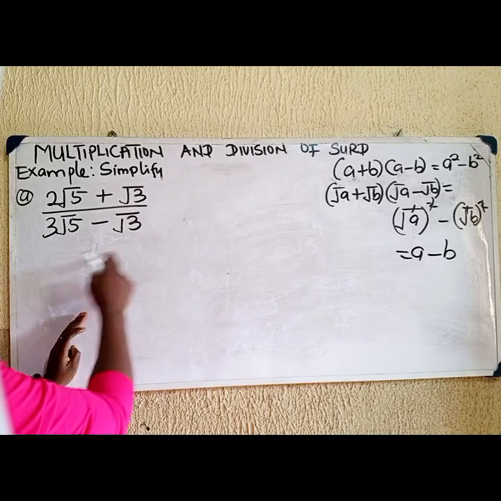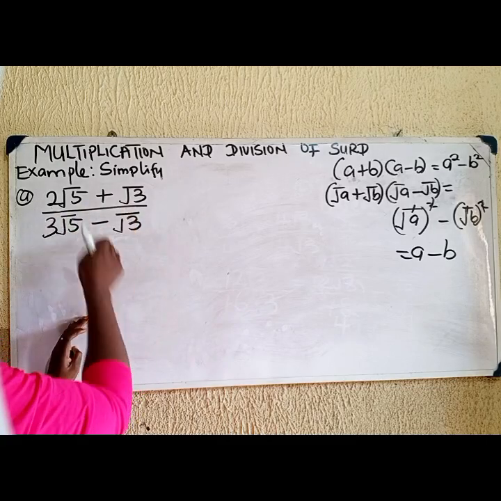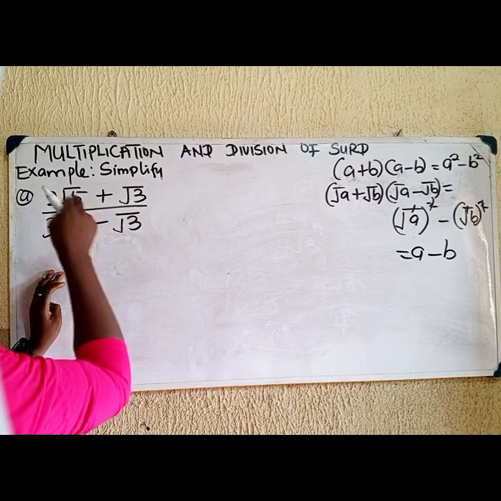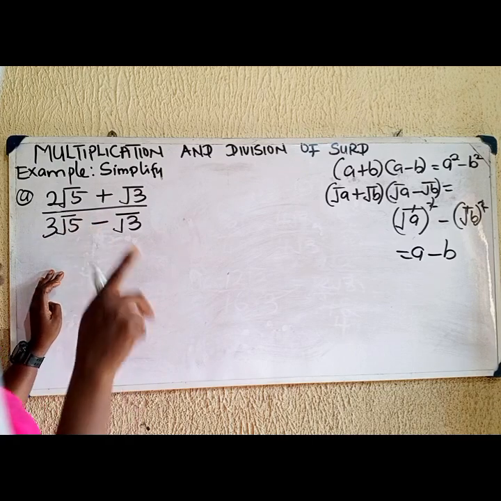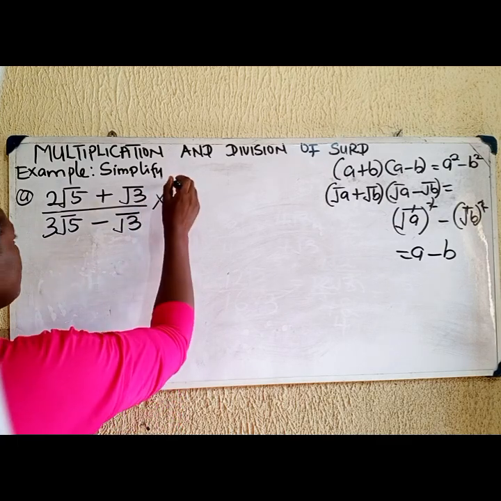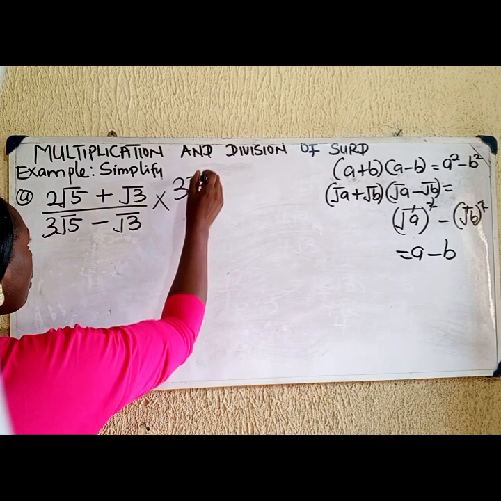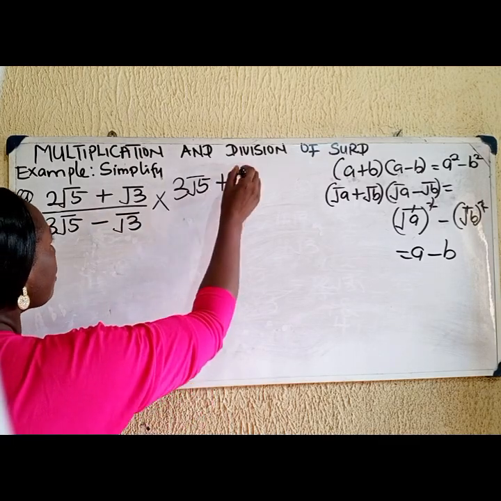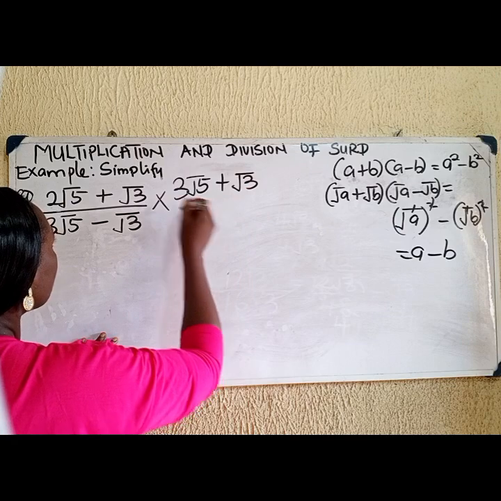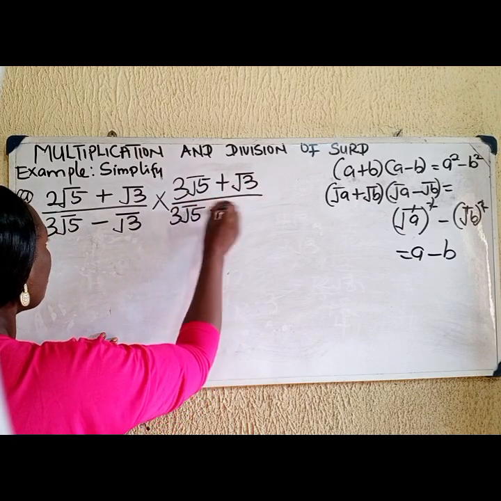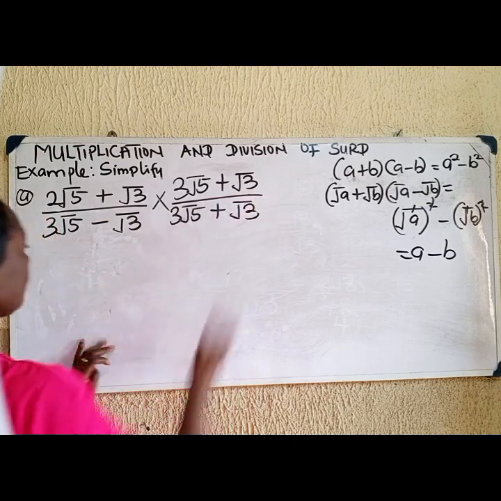For us to find the conjugate of this denominator, it is the same number here, but the sign will change. The sign now here will be plus. So I have to multiply the numerator and the denominator with the conjugate of this, so this is plus root 3 all over 3 root 5 plus root 3.